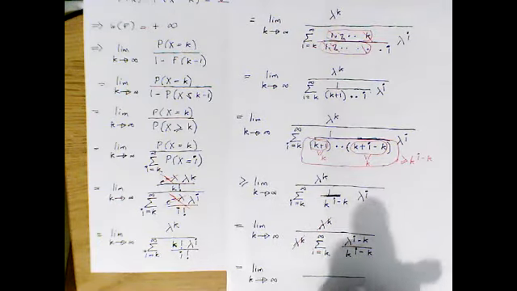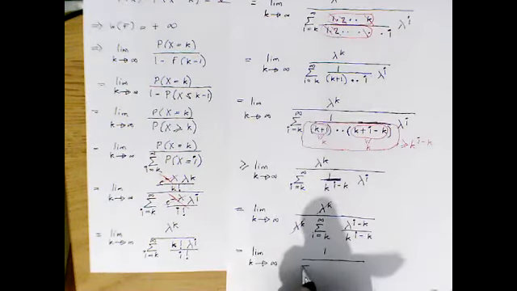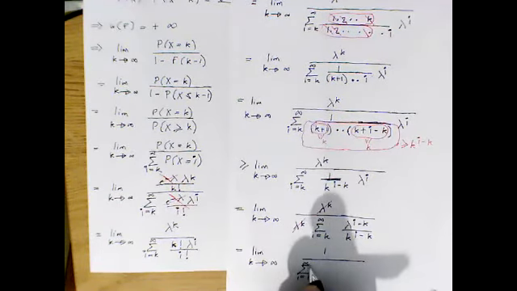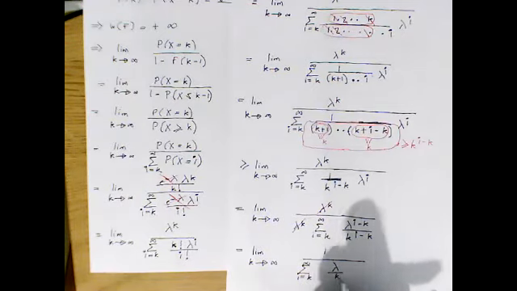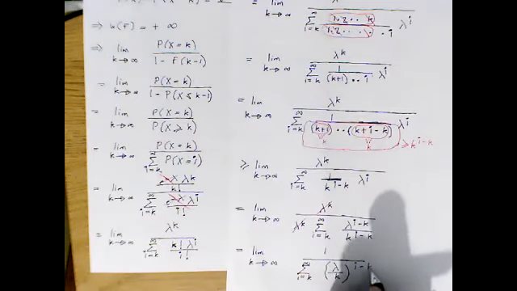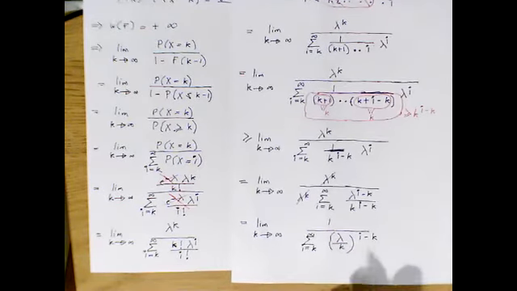In the next step, I'm going to write this as follows: the sum over i from k to infinity of lambda to the power k to the power i minus k. Are you with me so far, guys?